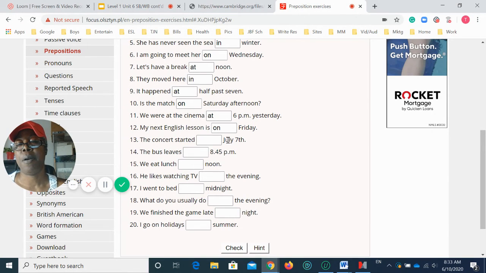We have a month and a date. So when you have a month and a date, we use on. The concert started on July 7th. The bus leaves, exact time, at 8:45 p.m. We eat lunch, noon, exact time, at noon.